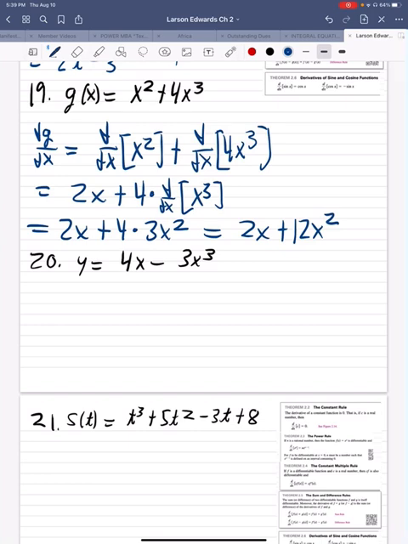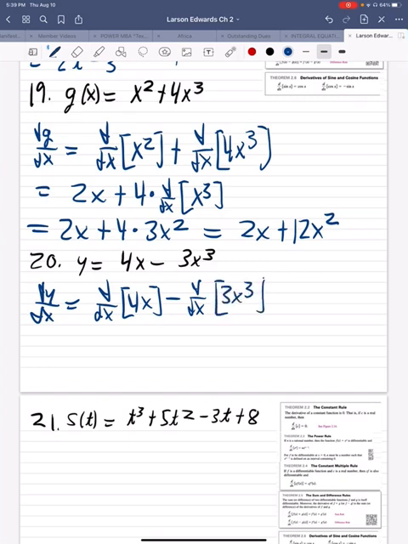This one is very similar. dy dx is equal to d dx of 4x minus d dx of 3x cubed.